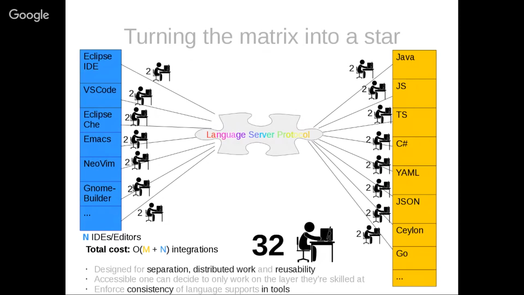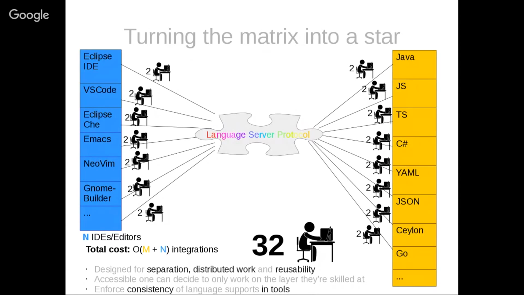So the estimation of the cost will be M plus N instead of M times N, which would resolve to 32 abstract work units in our examples. And the very cool thing, as opposed to the previous integration, is that the language server protocol is designed for separation of concerns, which makes it easier to distribute work across teams, and also to reuse it from one tool to the other or from one language server to the other.